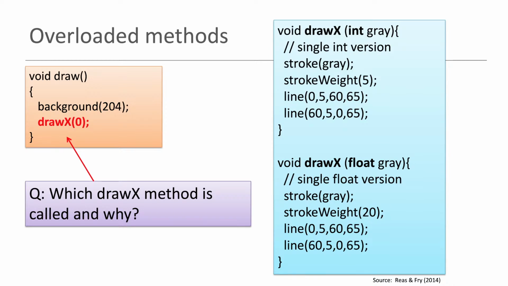So let's take a look at this one. We have background 204, we're calling draw x and we're passing in 0. Which draw x method is called and why? So we have 2 of them over on the far side. Top one is the first, bottom one is the second. Let's do this in Slack. Which draw x is called?